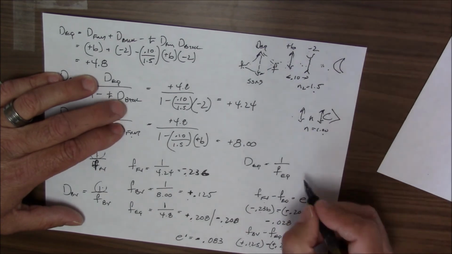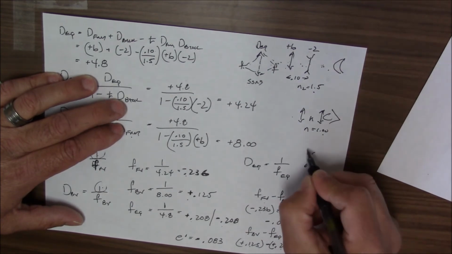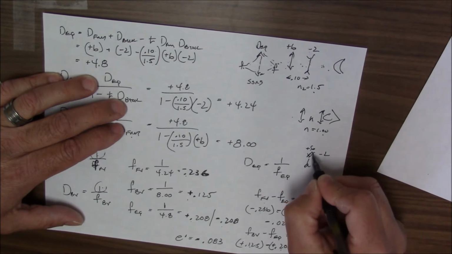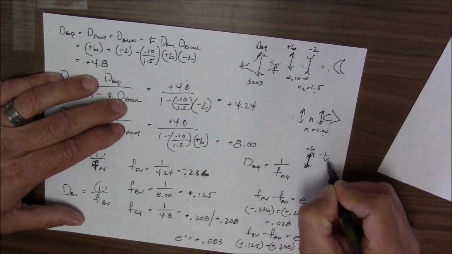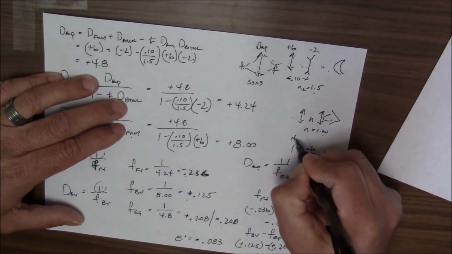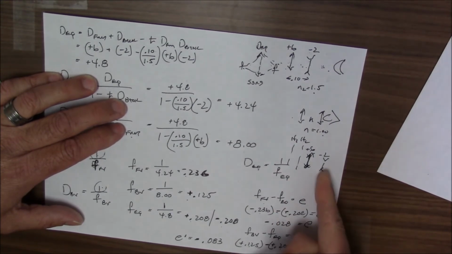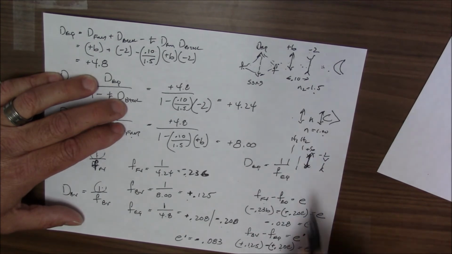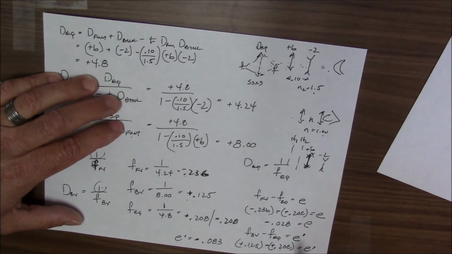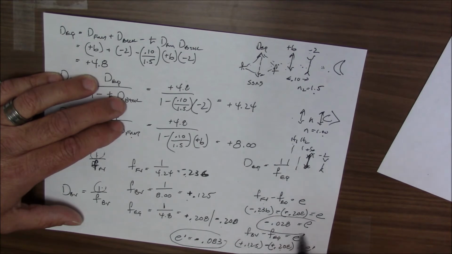If this is my lens here, I've got my 6 in the front, and I'm going to have 2 in the back. Both of my H planes are going to be in front of this actual lens. So the imaginary Gaussian planes are both going to be in front. That is given by the negative value on our E prime and the negative value on our E.